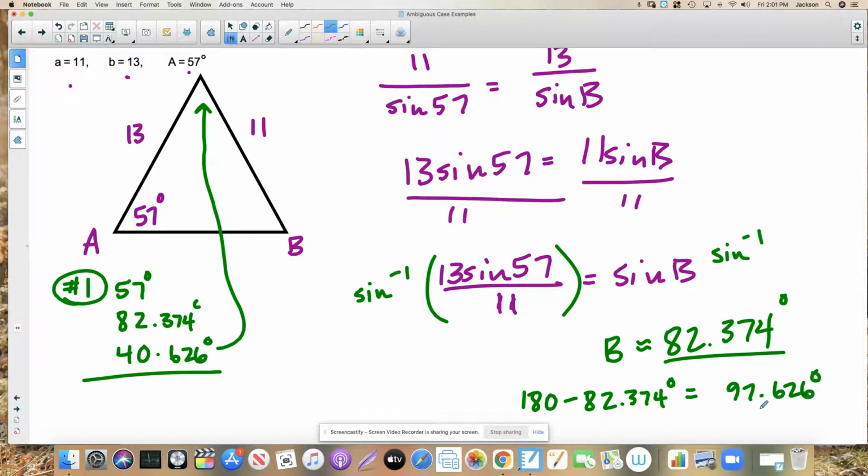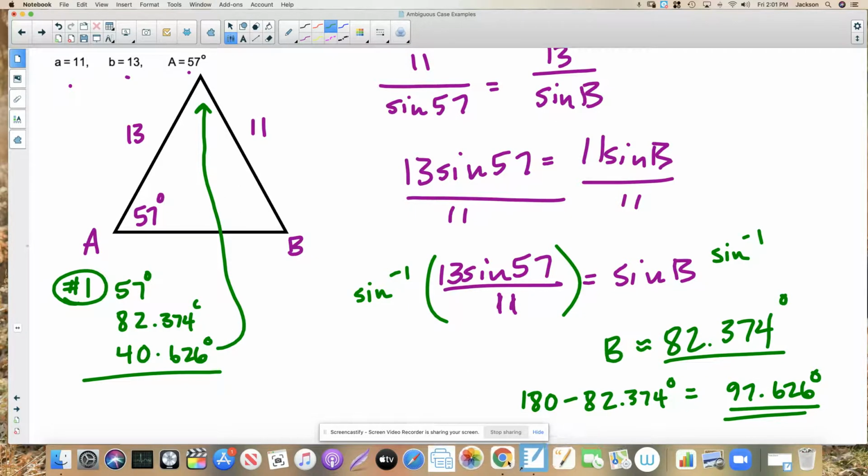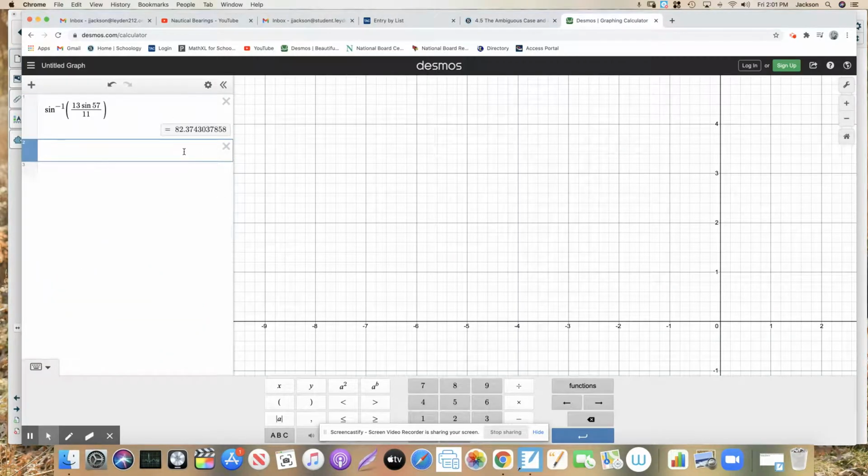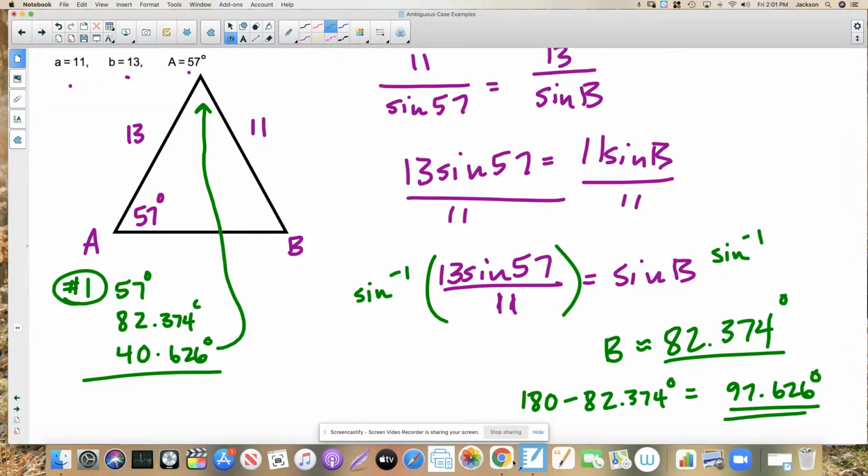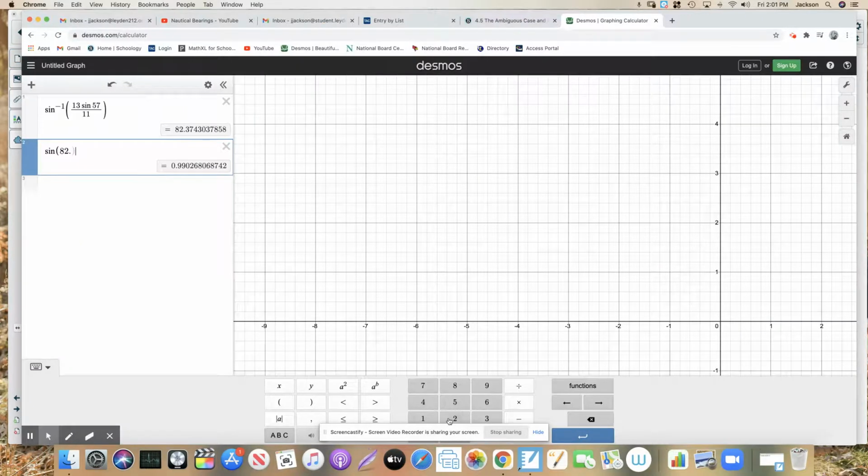97.626. So if you check, and you can check this in Desmos, let's do this just to prove my point. The sine of 82.374 and the sine of 97.626, and you can see they have the exact same value.